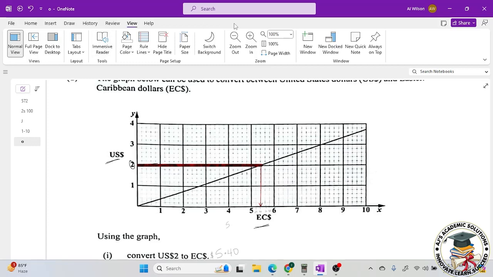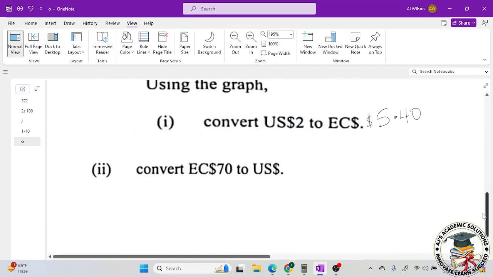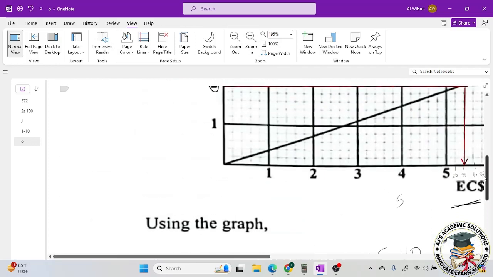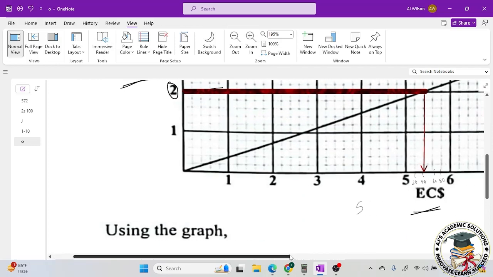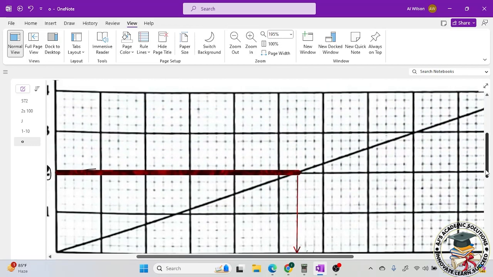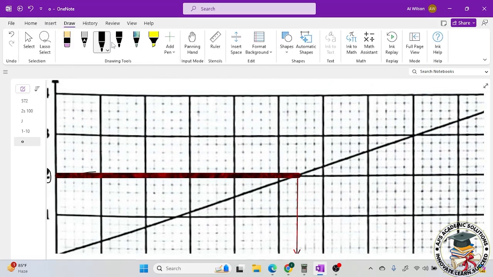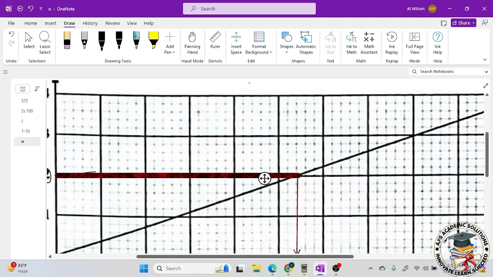So now let's zoom back in, and let's look back one more time at the question. We have EC 70. So we're looking at the EC component, and we're here at 7. So being here at 7, we're going to go up, and we have our intersection, which is where it cuts the line somewhere around here.